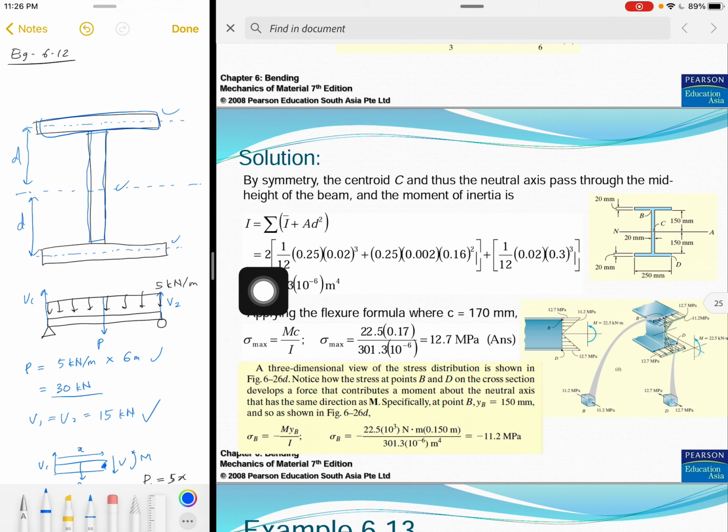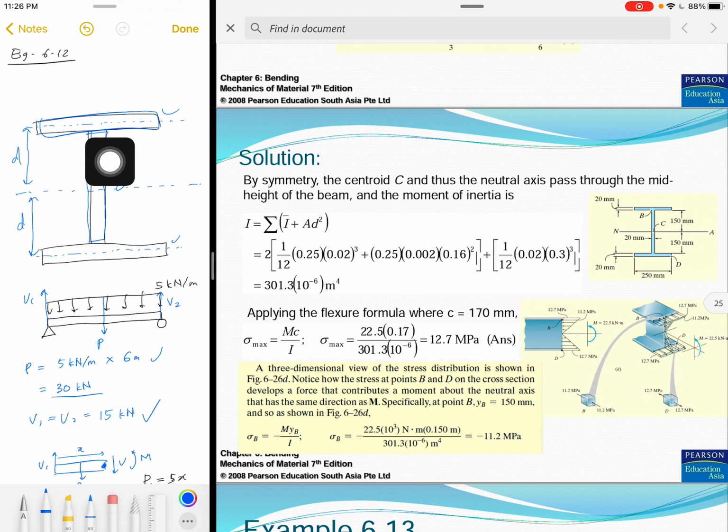If you notice right here, we have two brackets, and these two represent these two rectangles, 1 and 2, which are offset from the neutral axis, and this other bracket is for the rectangle at the middle.